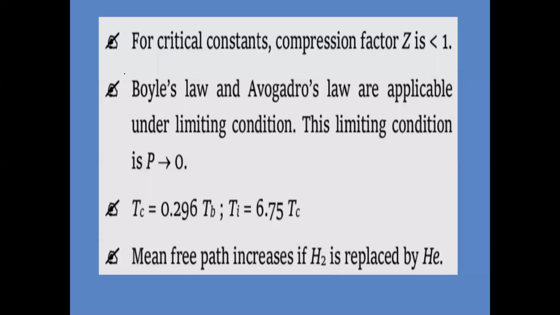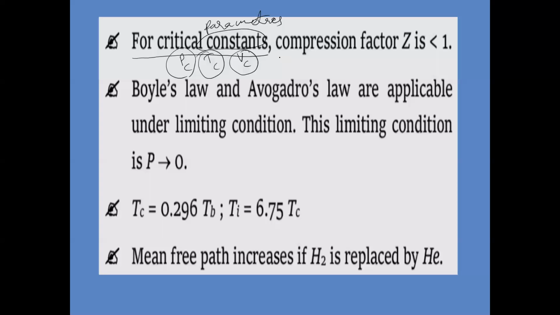Next, another important point is about critical constants. Critical pressure, critical temperature, and critical volume are called critical constants or critical parameters: PC, VC, and TC.